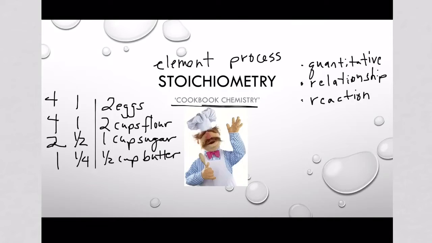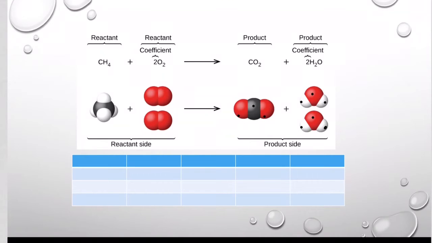So as you can see, all of these are just a ratio based on our original recipe. And so our 2 to 2 to 1 to 1/2 is our original recipe, and then we can just base it off of that. Alright, cookbook chemistry, or stoichiometry, is really, really similar to that. So let's actually look at how this applies to a reaction.